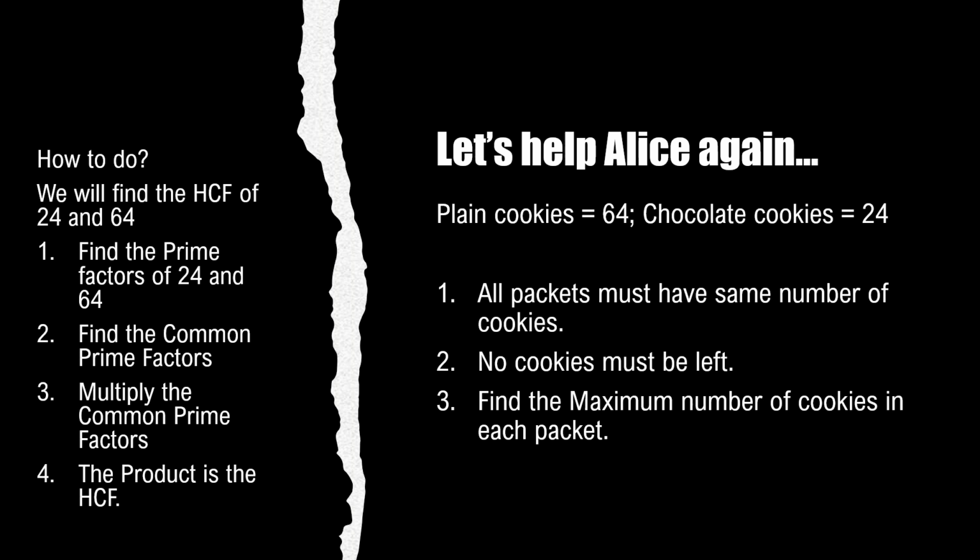This is the maximum number of cookies we can put in each packet. You can take the next 5 minutes to solve this problem. You can pause the video as you are trying to solve the problem. Once you are finished, you can come back and start watching it again. You can pause the video now.